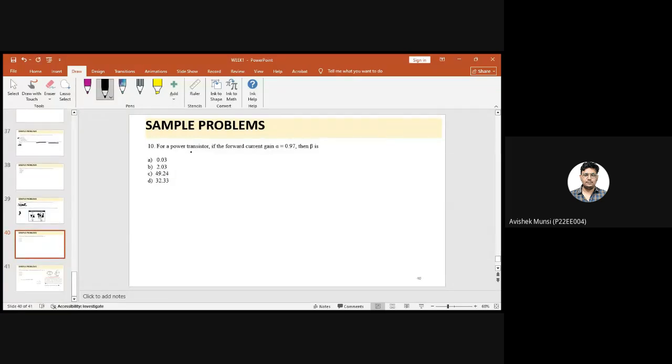So next question: for a power transistor, if the forward current gain alpha is 0.97, then what is beta? You have to understand the relationship between alpha and beta. I will discuss it and solve the problem. Try to answer it, because it is similar to the alpha-beta relation of the transistor in analog. This is the last question.